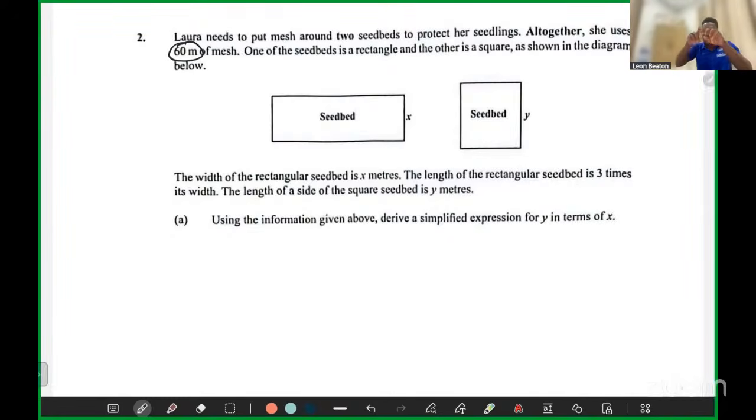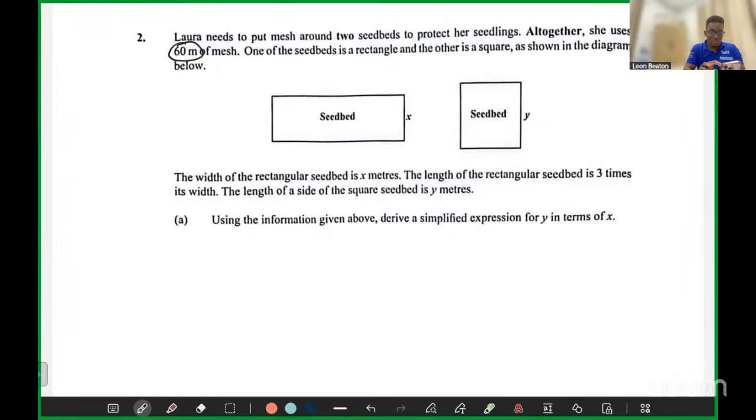And when you're thinking about fencing around, your mind should automatically be going on. Let me ask the chat: what concept do we think we have to use here? We're thinking about around the shape. I don't want to say the word because I will give you the answer.